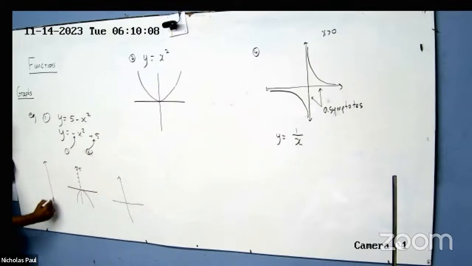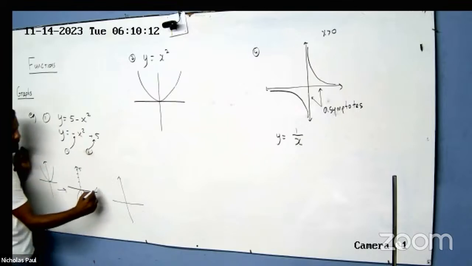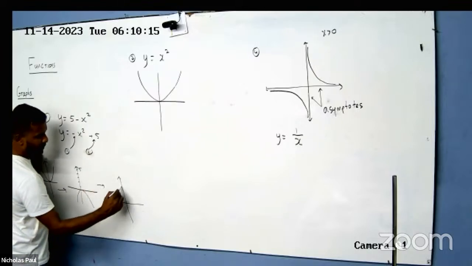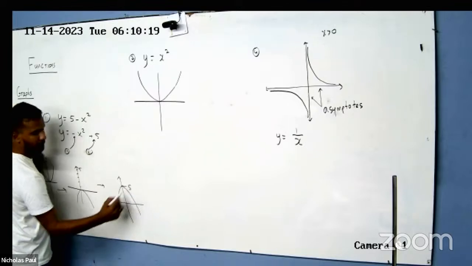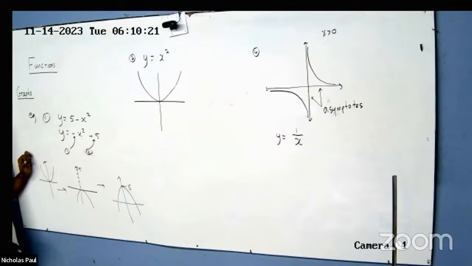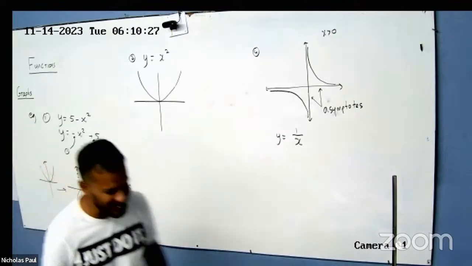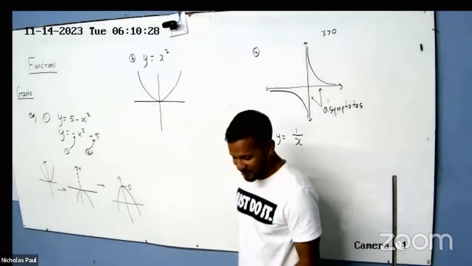So of course, stage 1 is here, stage 2, then stage 3. So your function is here. Well, that's why you have to learn the transformations so you wouldn't get it wrong.